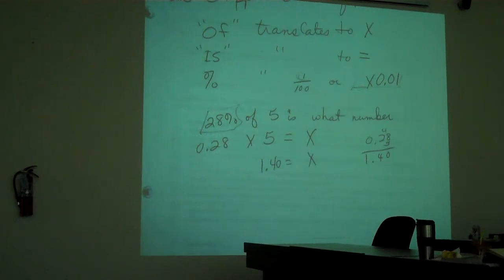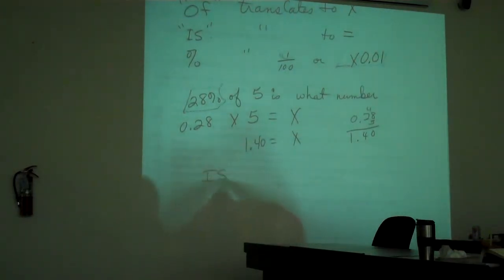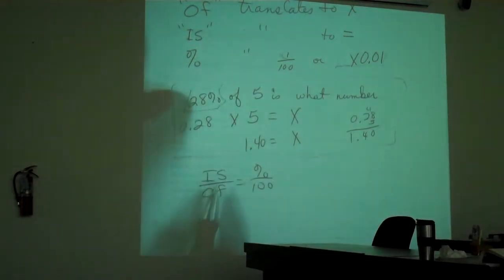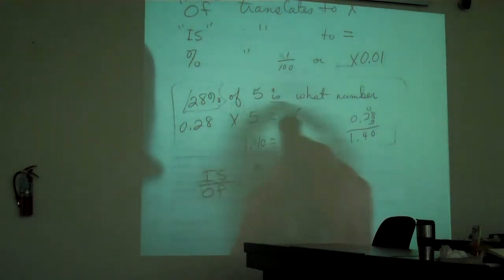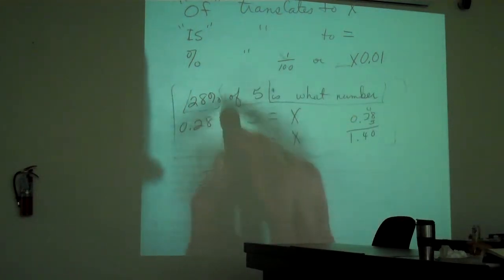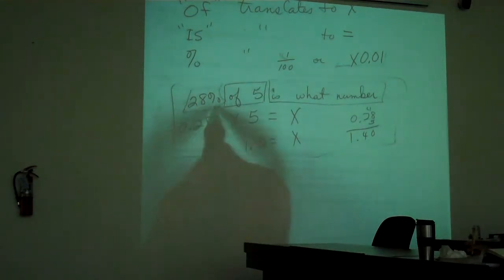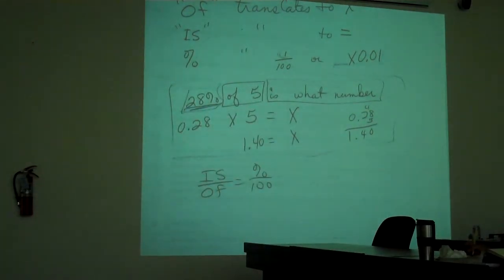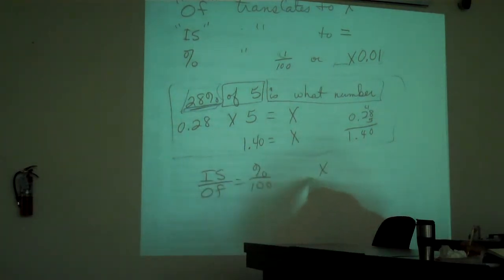Okay, there's also another way you can do percent problems where you're not actually solving an equation, it's a proportion thing. Have I showed you that one before? The is over of equals percent over 100. This same problem, you could have put the is this part right here. Here's your is, here's your of, and here's your percent. The is is what number, so you don't know the is.